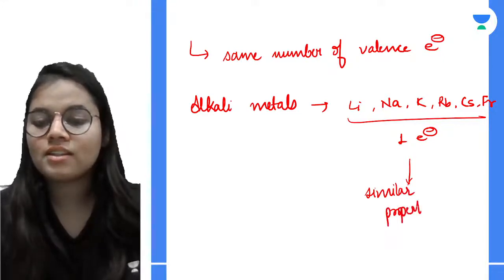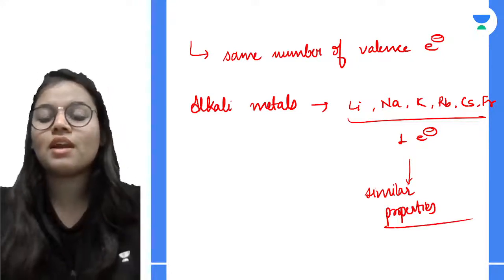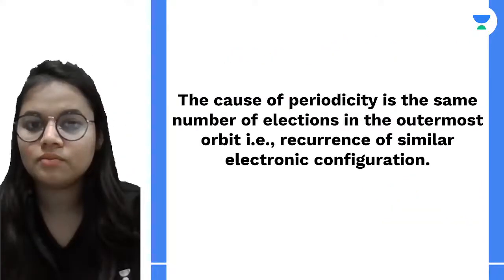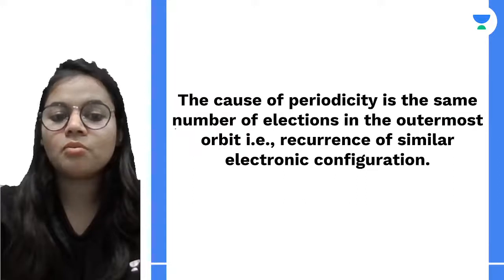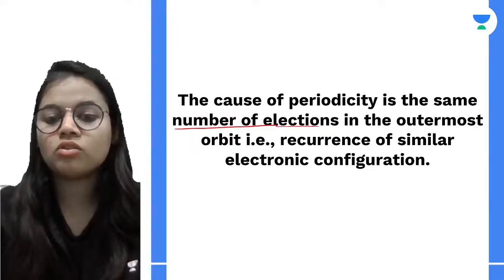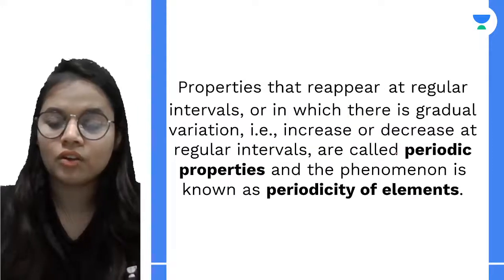So the basic reason is the recurrence of the same electronic configuration. The cause of periodicity is the same number of electrons in the outermost orbit.